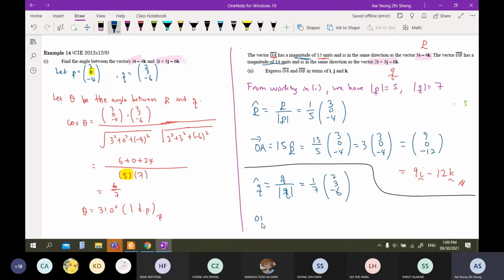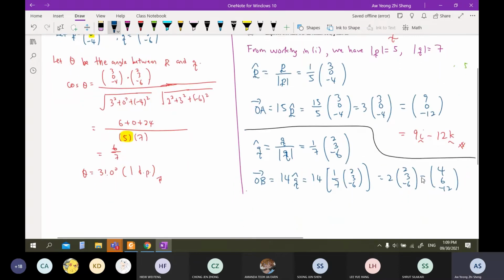And then to get OB, since it takes the direction of Q, you just need to magnify the unit vector by a factor of 14. And so it's just 14 Q hat, which is 14 times 1/7 of (2, 3, -6), which is just 2 times (2, 3, -6). That's (4, 6, -12).